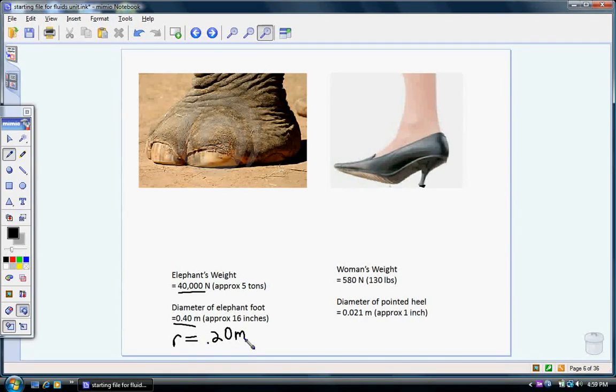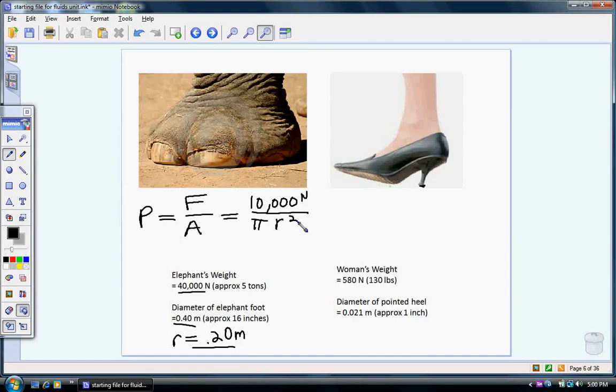And let's just say that the elephant is standing on all 4 legs. So the pressure is going to equal the force divided by the area. That force is going to be 10,000 newtons on each foot. And if I know the radius of the elephant's foot, the area can be determined by pi r squared.